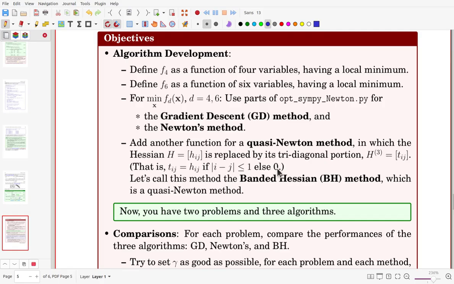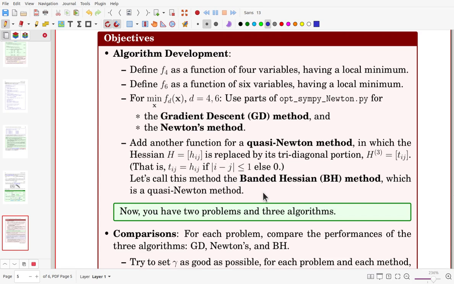So it is a tridiagonal approximation of the original Hessian. We call this method the banded Hessian method, which is a kind of quasi-Newton method.